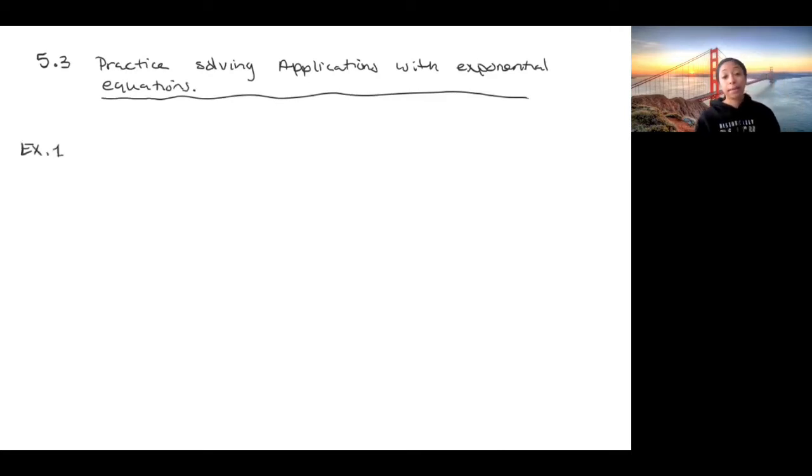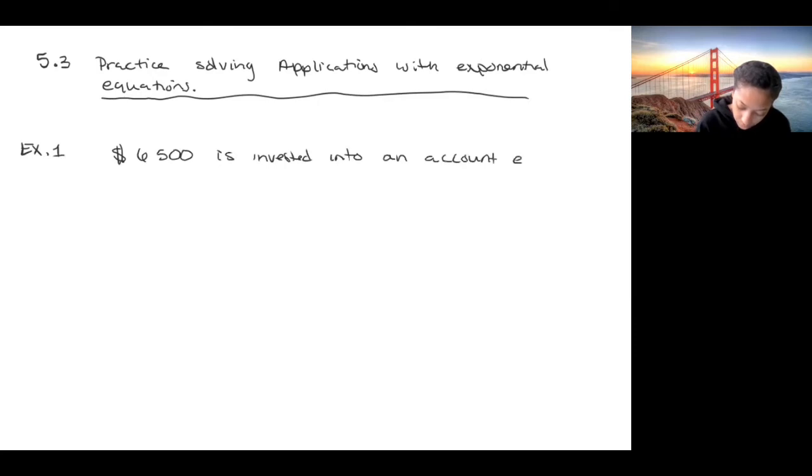So first example, let's say $6,500 is invested into an account earning 4.3% interest.